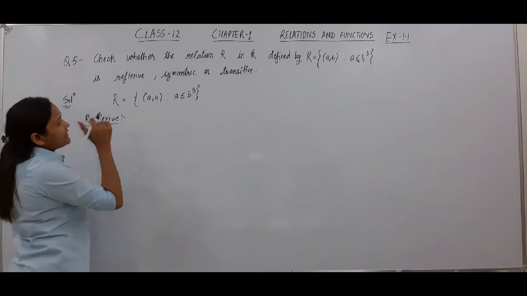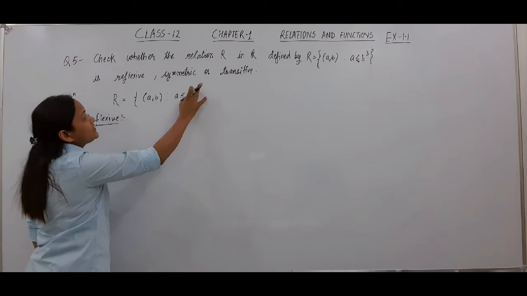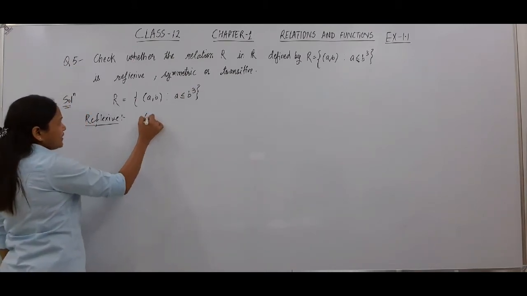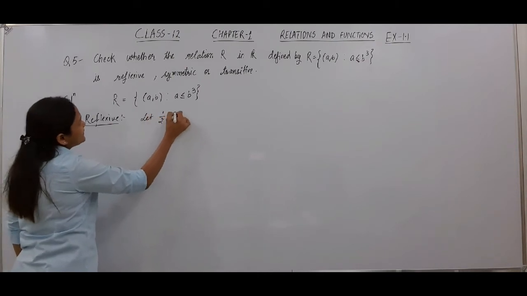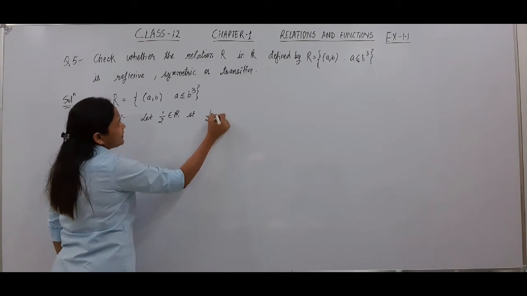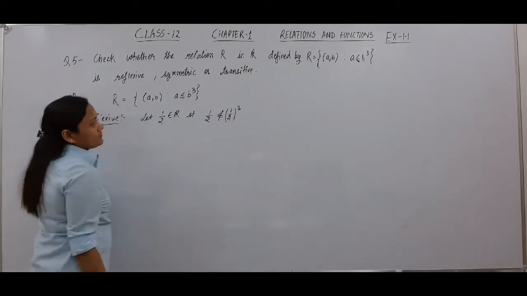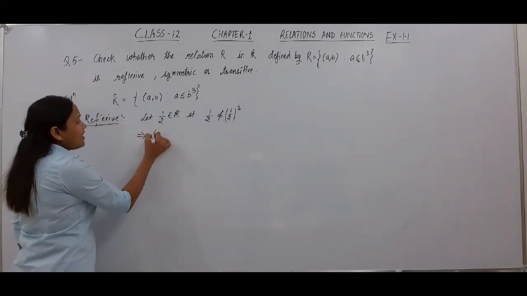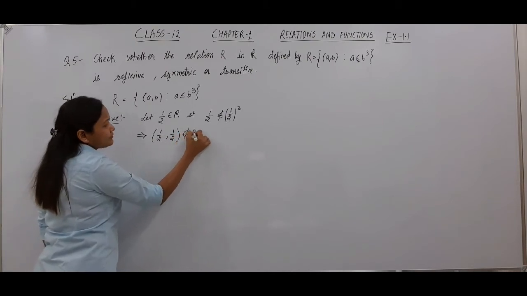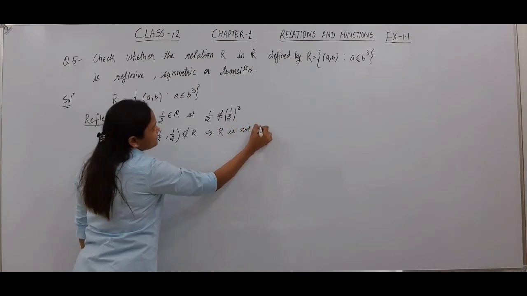Now, but this is not true in case of real numbers that every real number is less than equals to B cube. तो आप कोई भी अगर एक फ्रैक्शन लोगे, let half is a real number such that half is not less than equals to half cube. That implies half is not related to half, and this implies R is not reflexive.